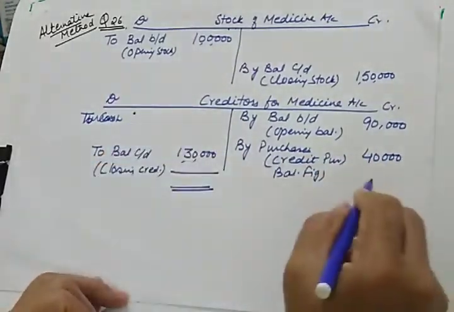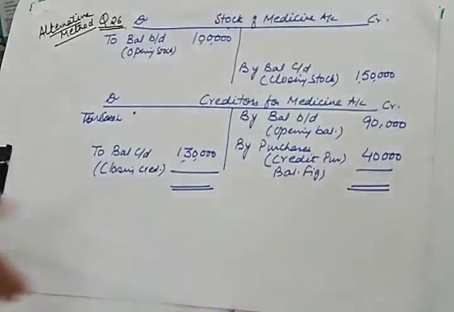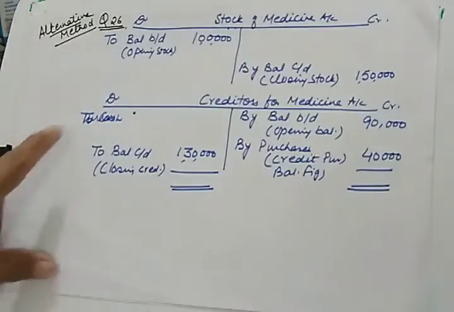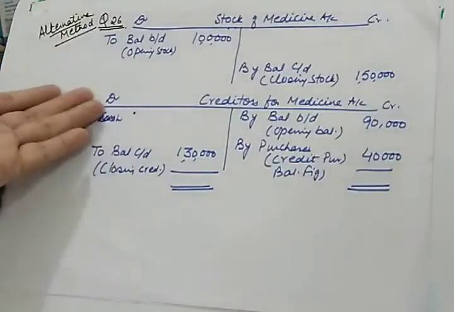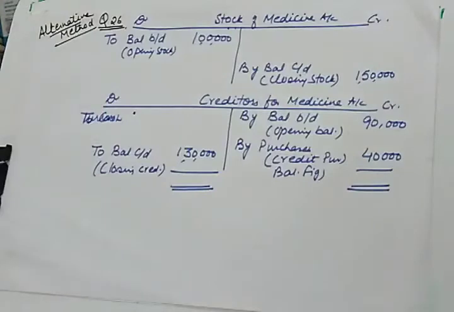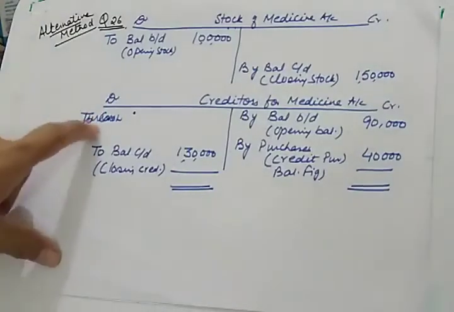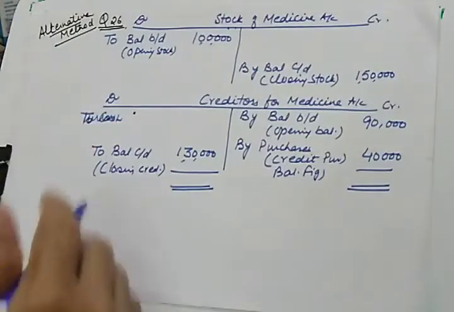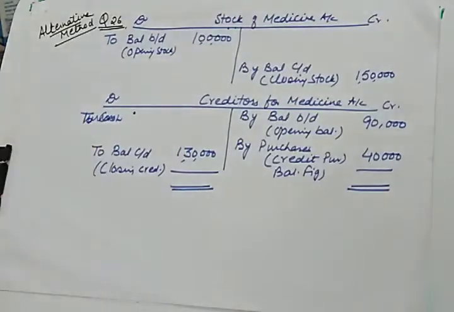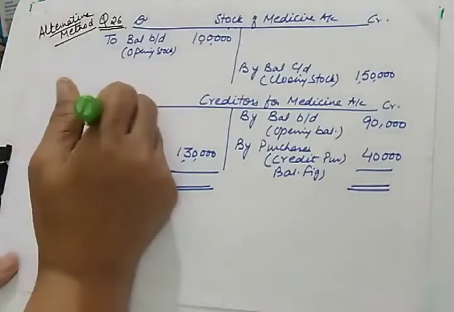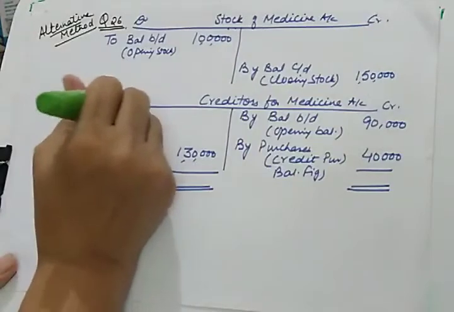See, no payment has been done here. There is a difference between cash paid to creditors and cash purchases. Cash paid to creditors can be for the previous year or for the next year also, and may not necessarily be for the current year only. So you need to be very careful. And cash purchases during the year means the purchases related to the current year.